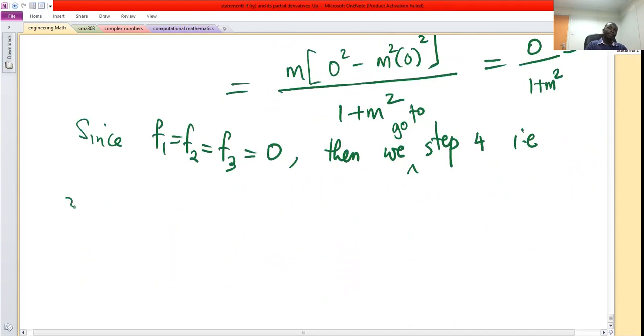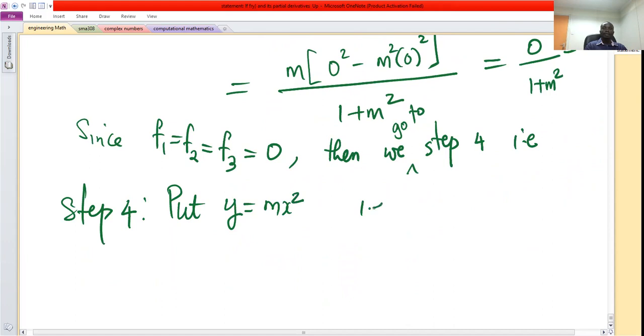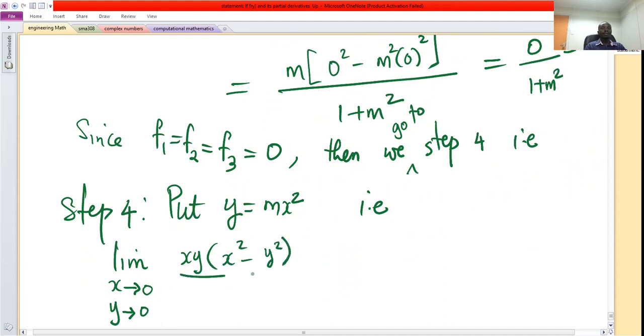So step 4, put y equals mx squared, i.e. the limit as x approaches 0, y approaches 0, of xy(x squared minus y squared) divided by x squared plus y squared will be the limit.